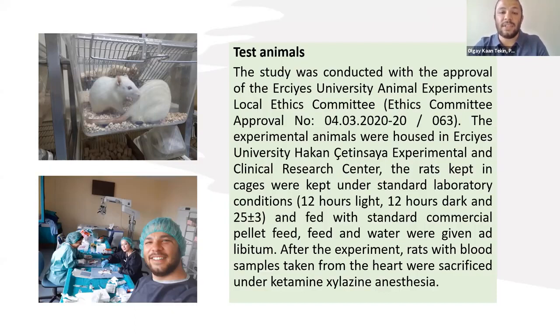The rats kept in cages were kept under standard laboratory conditions and fed with standard commercial pellet feed, and water was given ad libitum. After the experiment, rats with blood samples taken from the heart were sacrificed under ketamine xylazine anesthesia.